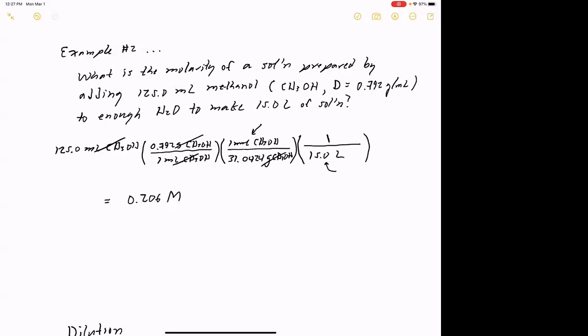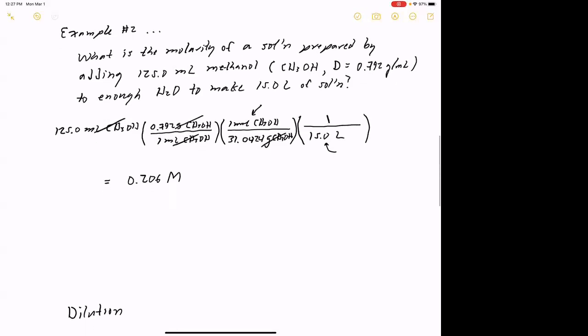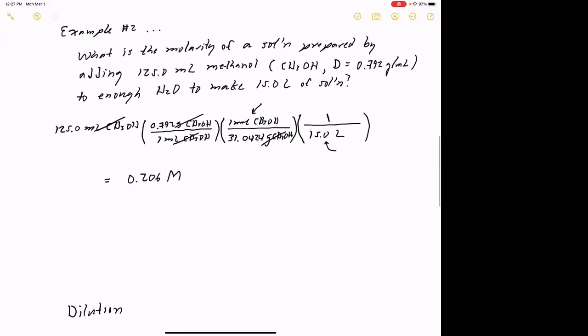Now I've got, peeking down here, this next concept that I want to talk a little bit about, and it's called dilution. Okay, so this is another way to deal with molarity and concentration. So in the prior 2 examples that we had, and also with the ones that we talked about back in the video, what I had was some volume or mass of a solute that I'm going to add to some volume of solution. Okay, and I'm going to combine those to get a molarity.